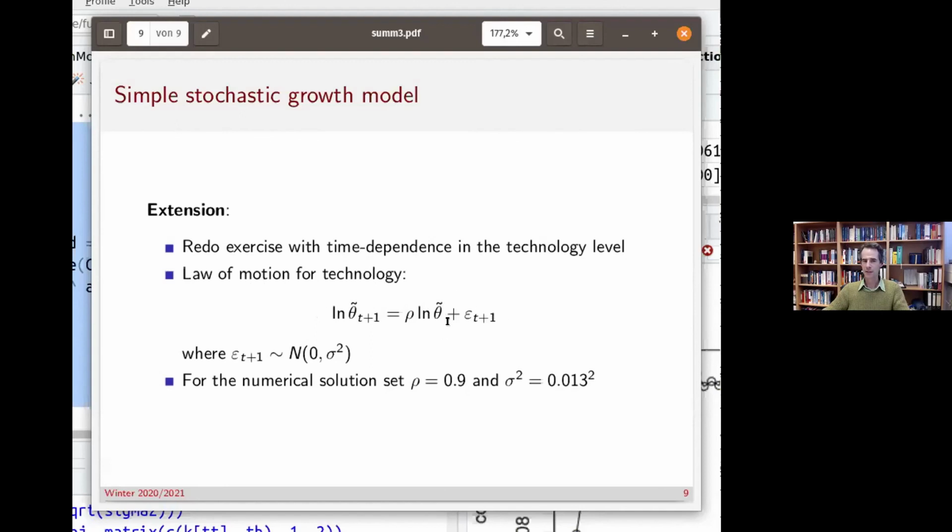Then if the technology level is relatively high today, 90% of this high level will be retained on average tomorrow. Okay, so you could ask yourself how to modify the program to implement this time dependence in the technology level.